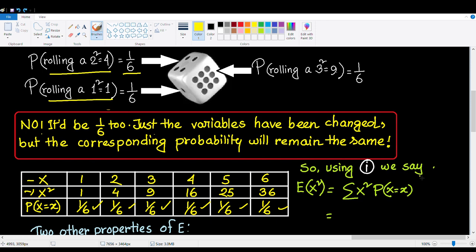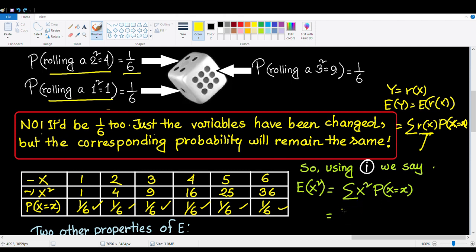So we are going to use property 1 to solve this problem, where we stated that if Y equals r of X, then E of Y would be E of r of X, equal to the summation of r of x times p of x over x. Okay, so finally we're going to put r of x equal to x squared in the problem, and all p of x's are 1 by 6.